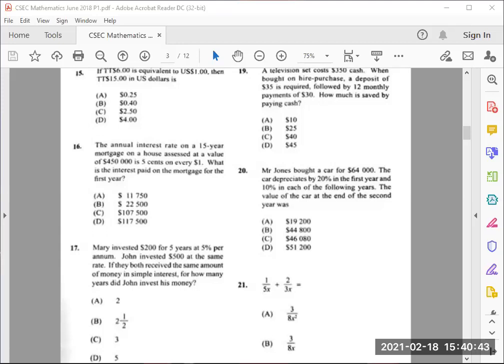What you do here is to find 5% of 450,000. So it's 0.05 times 450,000. And you get 22,500, which is B.